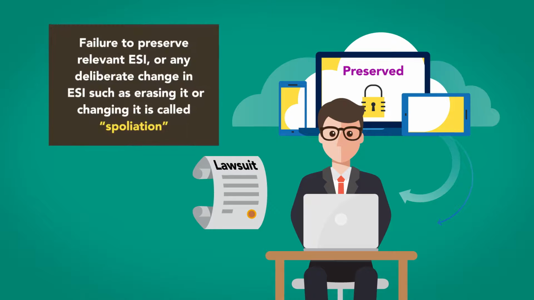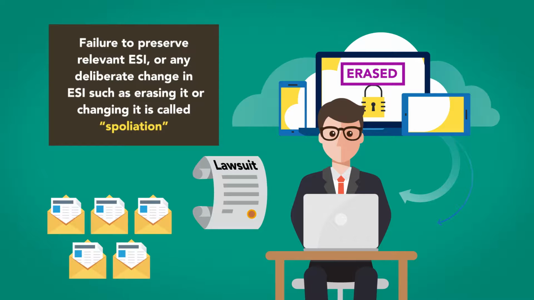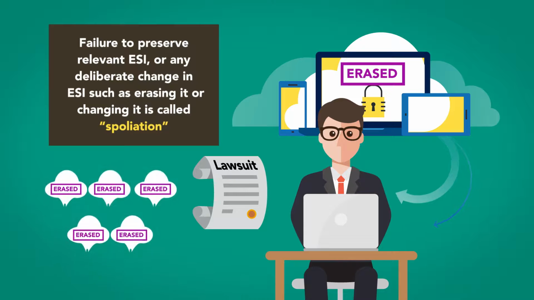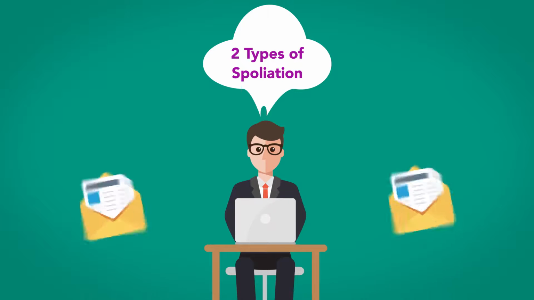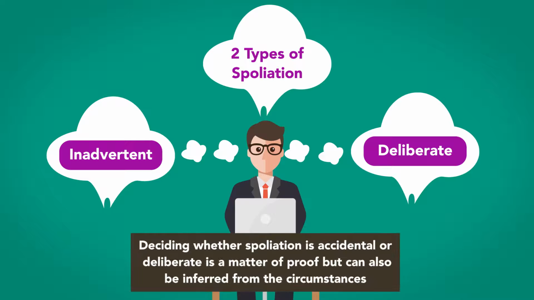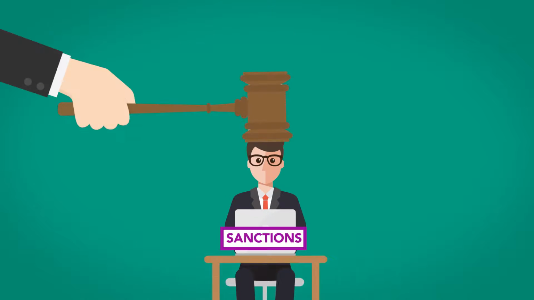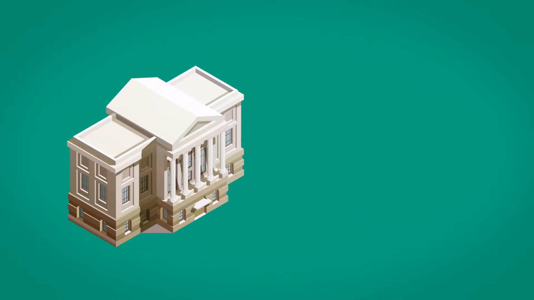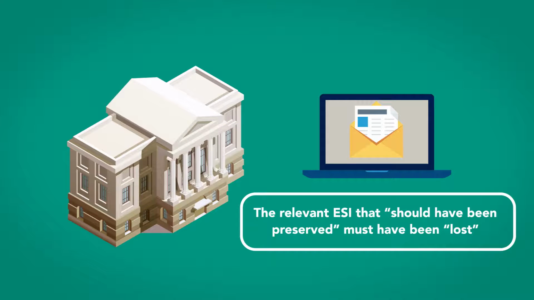Failure to preserve relevant ESI or any deliberate change in ESI, such as erasing it or changing it, is called spoliation. There are two types of spoliation: inadvertent and deliberate. Deciding whether spoliation is accidental or deliberate is a matter of proof, but can also be inferred from the circumstances. To impose sanctions for spoliation, a court must find that the relevant ESI that should have been preserved must have been lost.